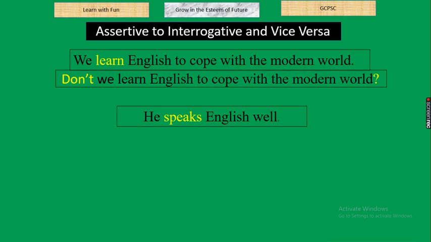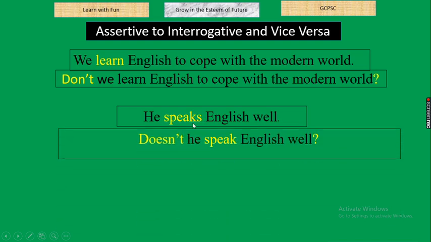He speaks English well. Here, speaks is verb 1 with s or es. What will happen? Doesn't at the beginning of the sentence. As we are taking doesn't, the s or es of the verb will be omitted.